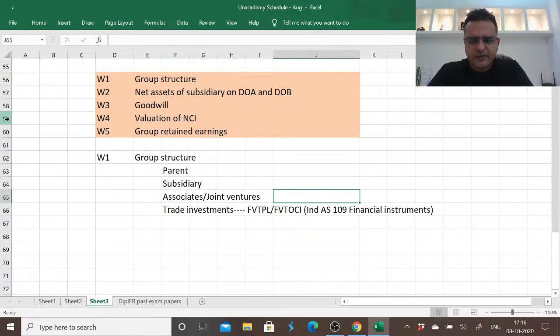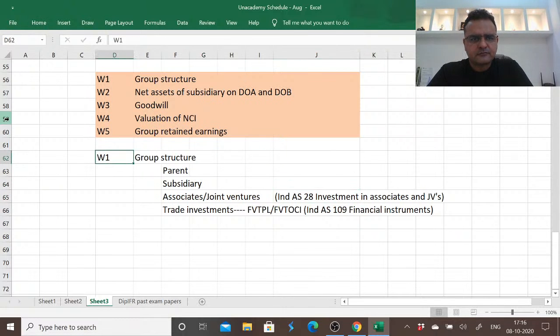Associates or JV are covered in Ind AS 28. So working note number 1 defines the group structure.